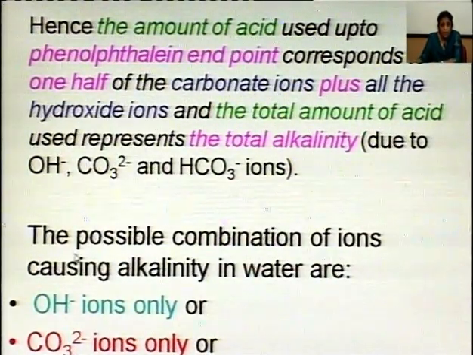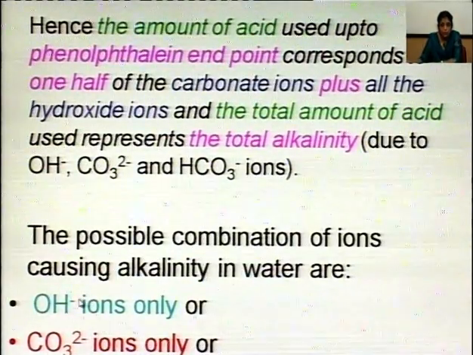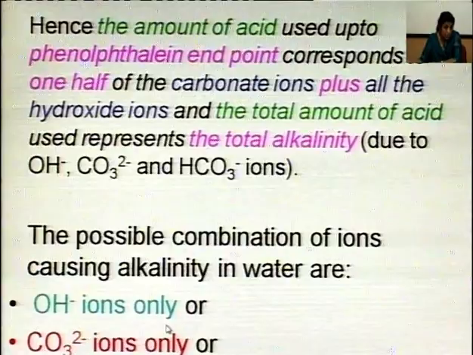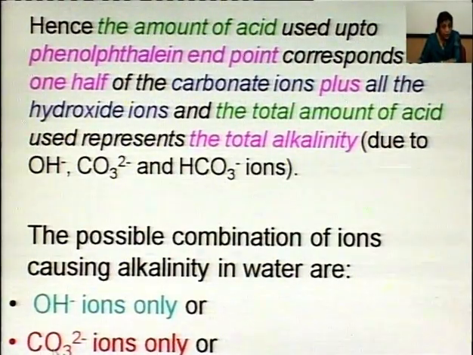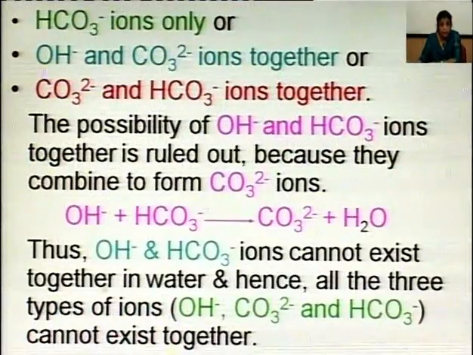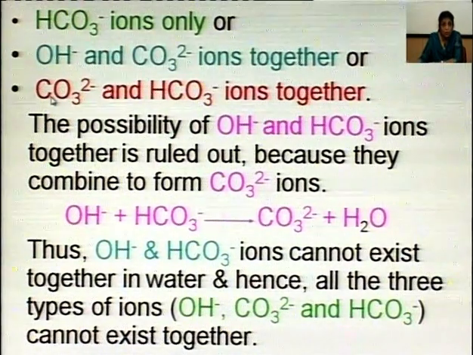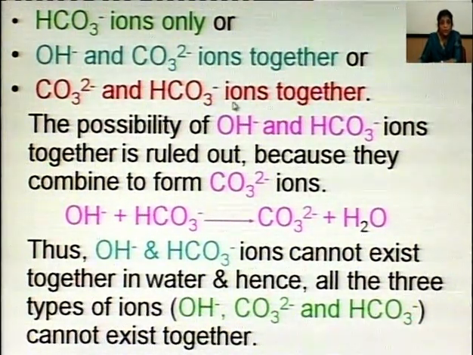So, what can be the possible combinations of ions which can be present in water and cause alkalinity? The sample water may contain hydroxide ions only. It may contain carbonate ions only, it may contain bicarbonate ions only, or hydroxide and carbonate ions may be present together, or carbonate and bicarbonate ions together.